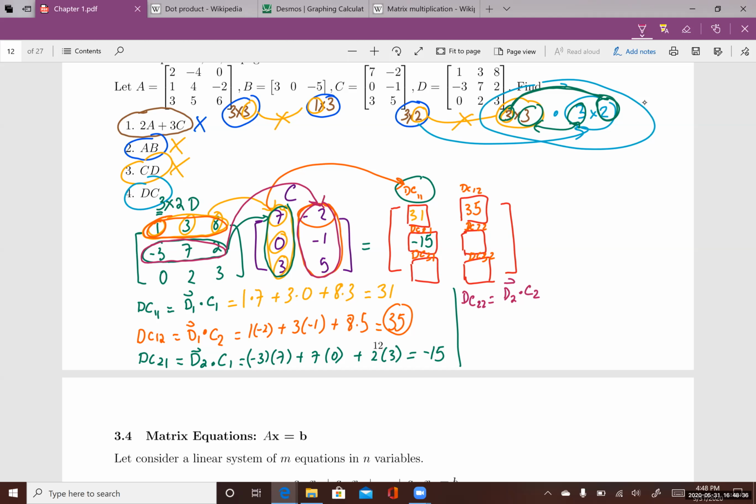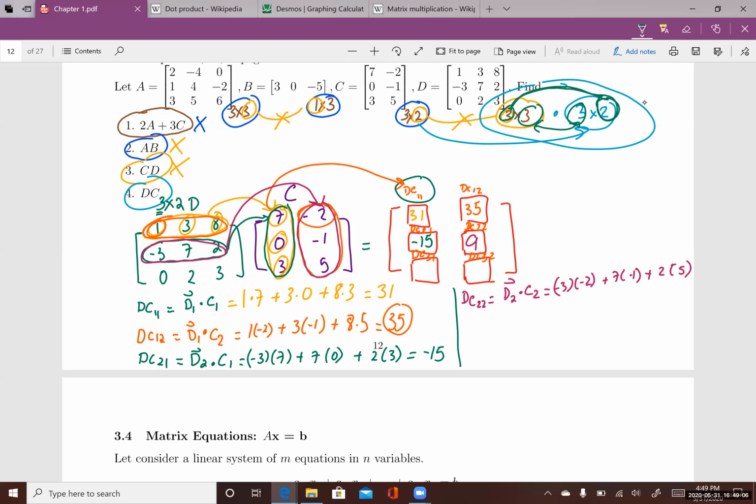You take -3 times -2 plus 7 times -1 plus 2 times 5, which gives 6 minus 7, which is -1, plus 10, which is 9. So the answer should be 9 here. Let's keep doing it.